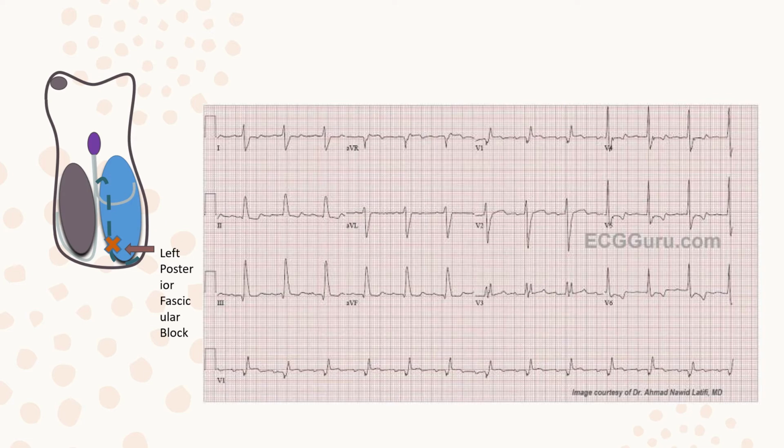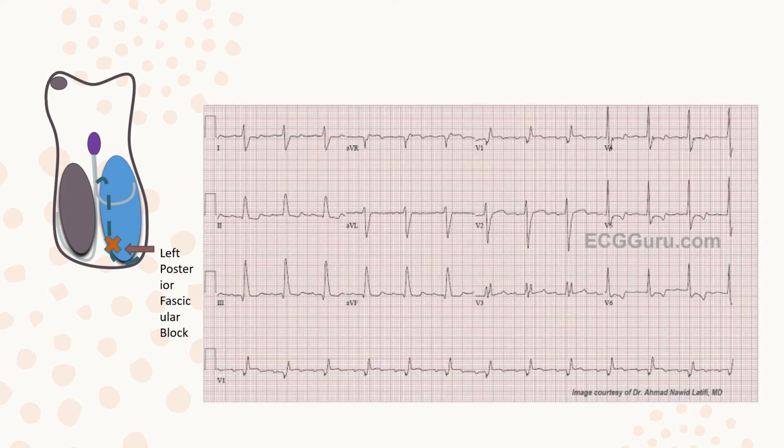We suspect that they also have a left posterior fascicular block because of these big S waves right here. Notice how they have this big S wave in lead 1 and a little bit in lead V6. And so we tend to think that is a left posterior fascicular block, or we suspect it.